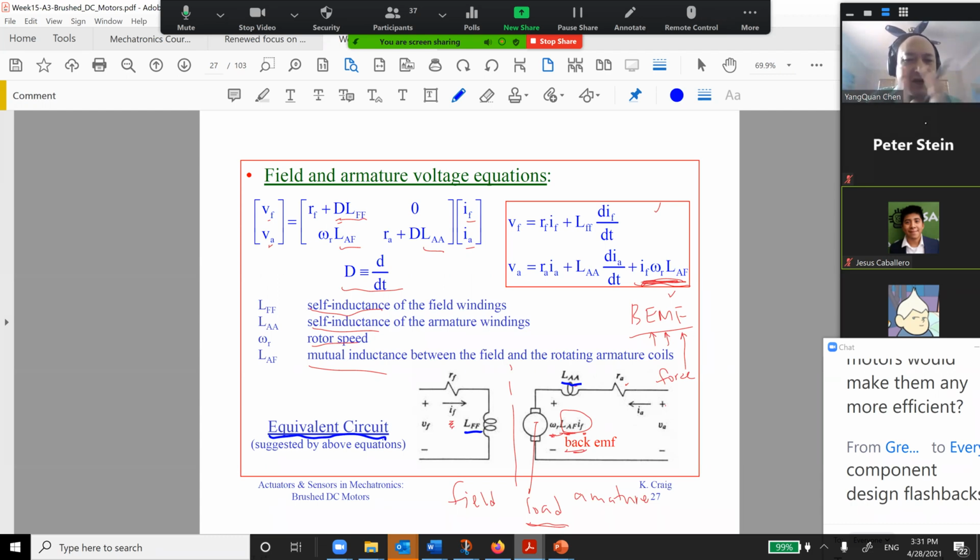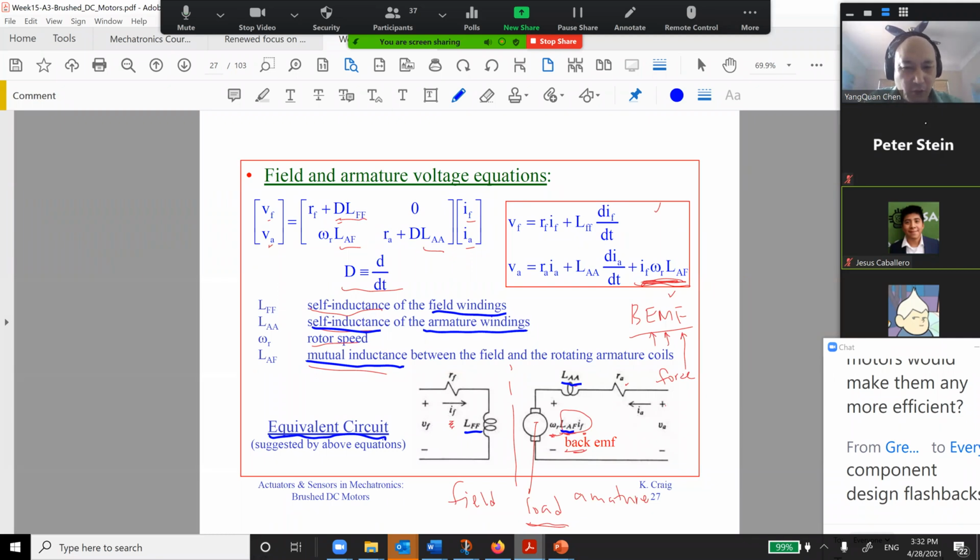But there is also coupling, L_AF, the mutual inductance between the field and the rotating armature coils. L_FF is the self-inductance for the field windings, and L_AA is the self-inductance for the armature windings, with rotor speed.